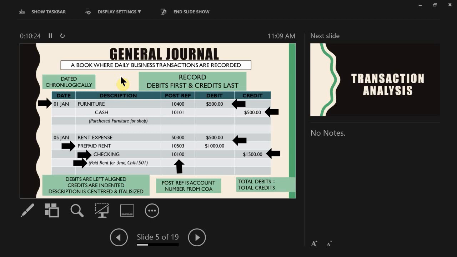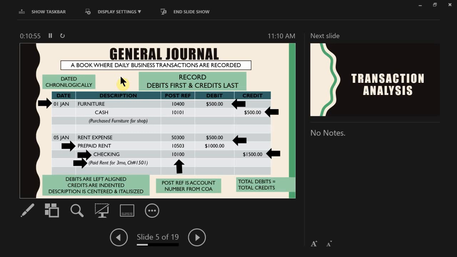Lastly, when you enter in your debits and credits, the one thing that you have to do before you can say this journal is complete is that your debits must match the total of your credits. Okay? And this is exactly what a double entry journal looks like. If I'm buying furniture, I'm increasing my asset by $500, so that means I better spend or decrease my cash value by the exact same amount.